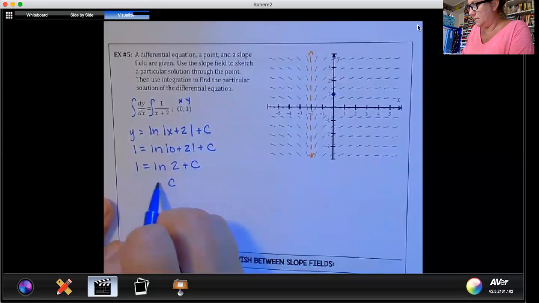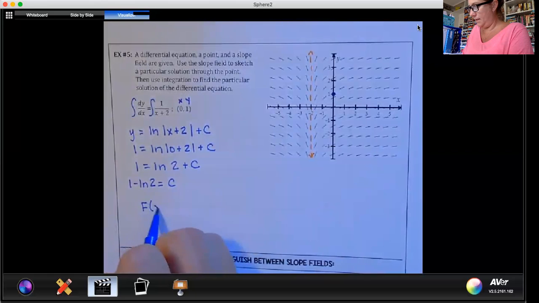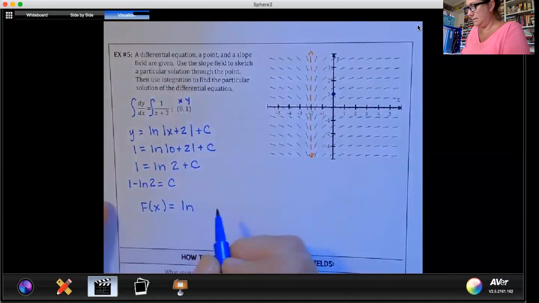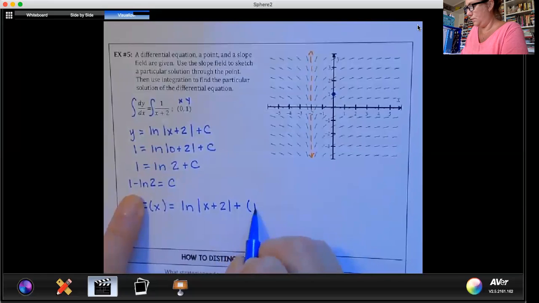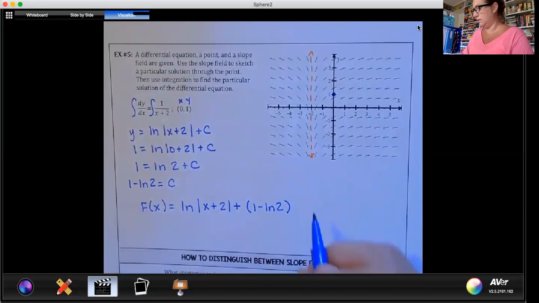So c is 1 minus ln 2. So f of x equals ln, absolute value of x plus 2 plus 1 minus ln 2. That would be your particular solution.